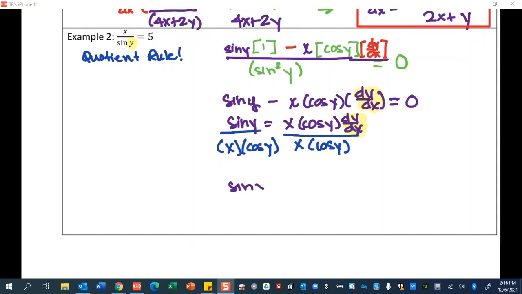So the sine of y over x times the cosine of y is equal to, these guys end up canceling out, my dy dx.